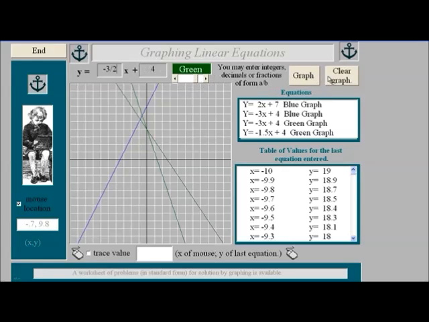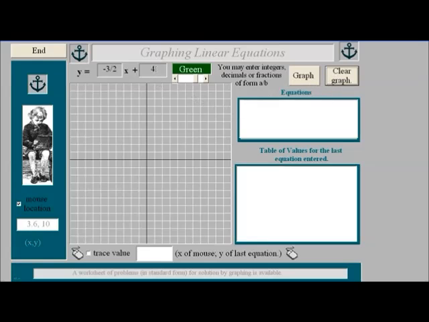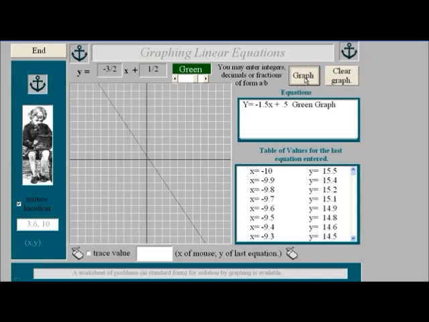Let me clear the graph, and let's see. +1 divided by 2. Yes, see, it comes through at 1/2. When I originally did this, these had to be integers or decimals, but I think now I have revised it so you can put in fractions, because sometimes the kids did that. This is the older program written in 1996, except for the improvement that you could put in fractions.